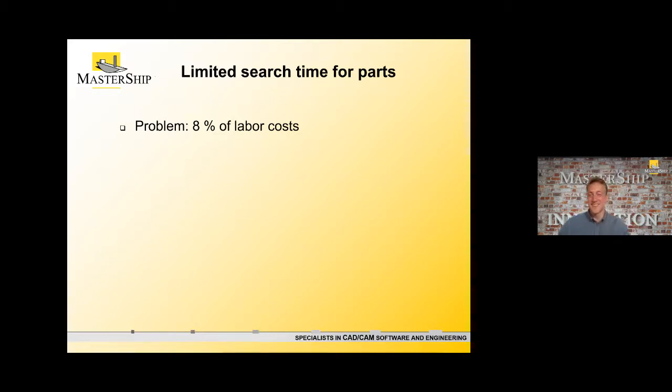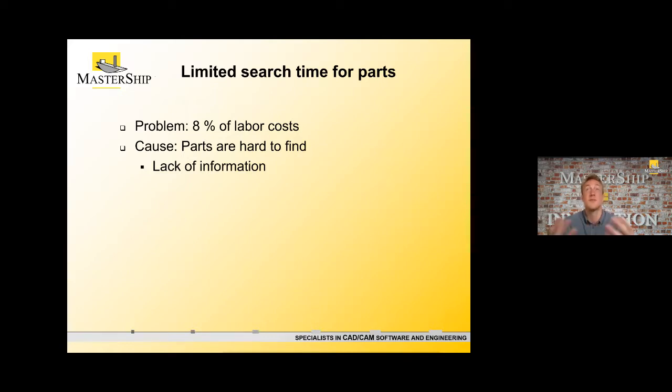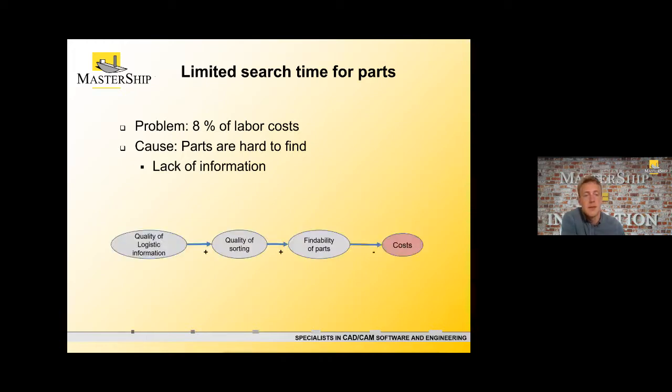Okay, Tufail, thank you very much for the introduction again. It sounds maybe even a little stupid, but the cause of the search time for parts is simply that the parts are hard to find. Sounds very simple, but it still goes quite often wrong at your workshop. So why are the parts hard to find? Well, simply because there is a lack of information.